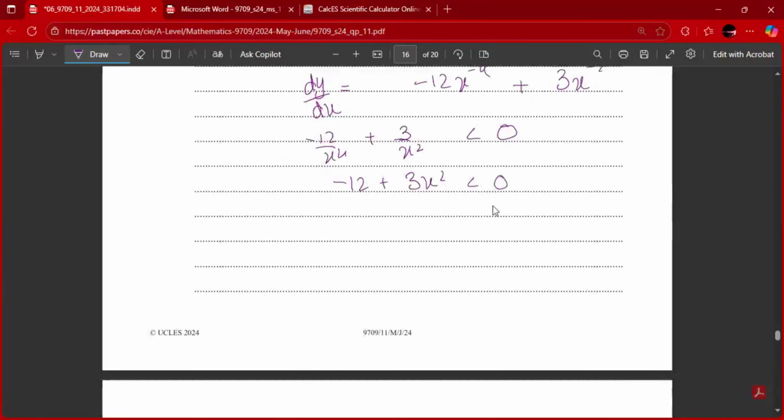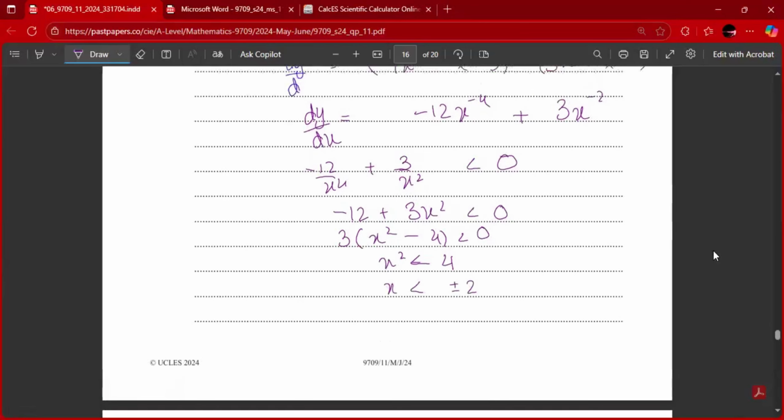So now solving it, taking 3 common, we are left with x squared minus 4 should be lesser than 0. x squared should be lesser than 4. x should be lesser than plus minus 2.